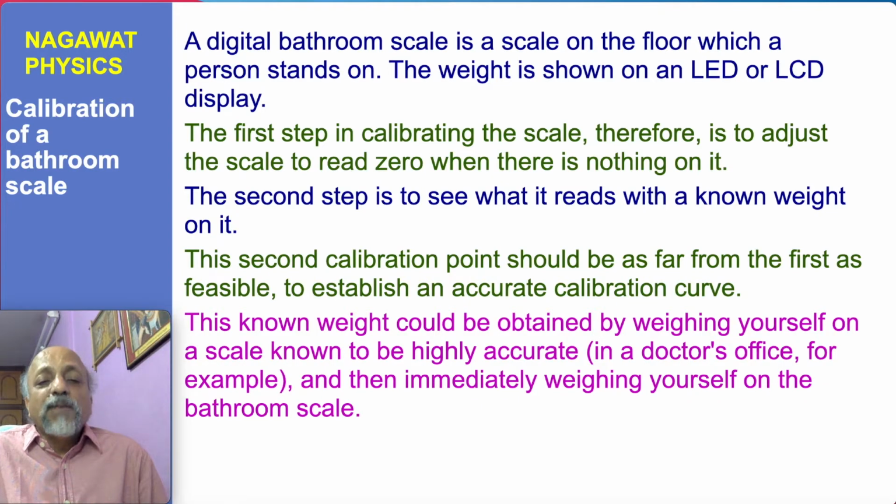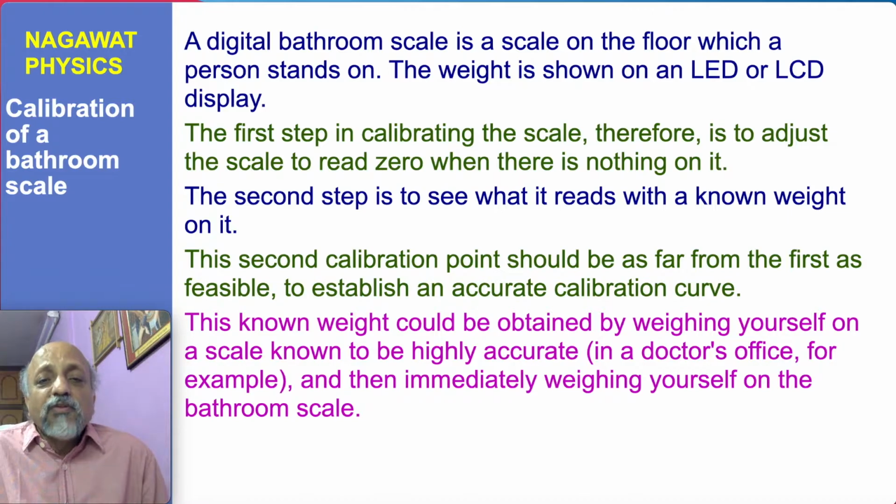For example, you can calibrate a digital scale using your own weight: visit a doctor's office or use a better scale which provides a highly accurate value for your weight, and just after that, immediately measure your weight on the bathroom scale and make the correction.